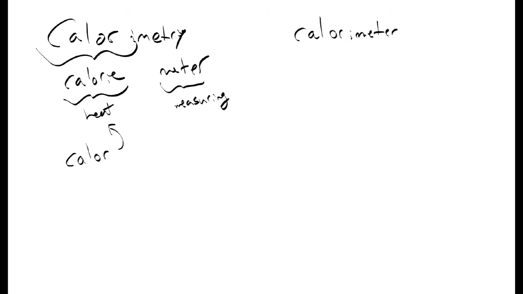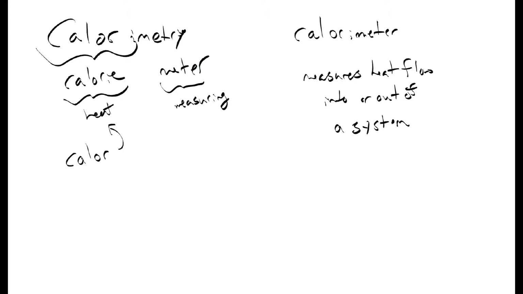And so a calorimeter measures heat flow into or out of a system. And system has a particular definition in science. So we have the system, which is just the subject of our study.